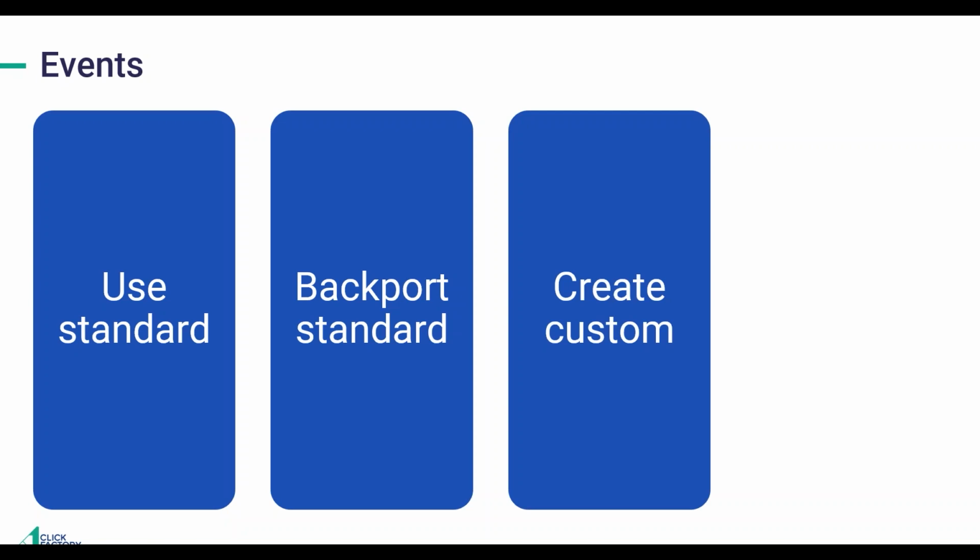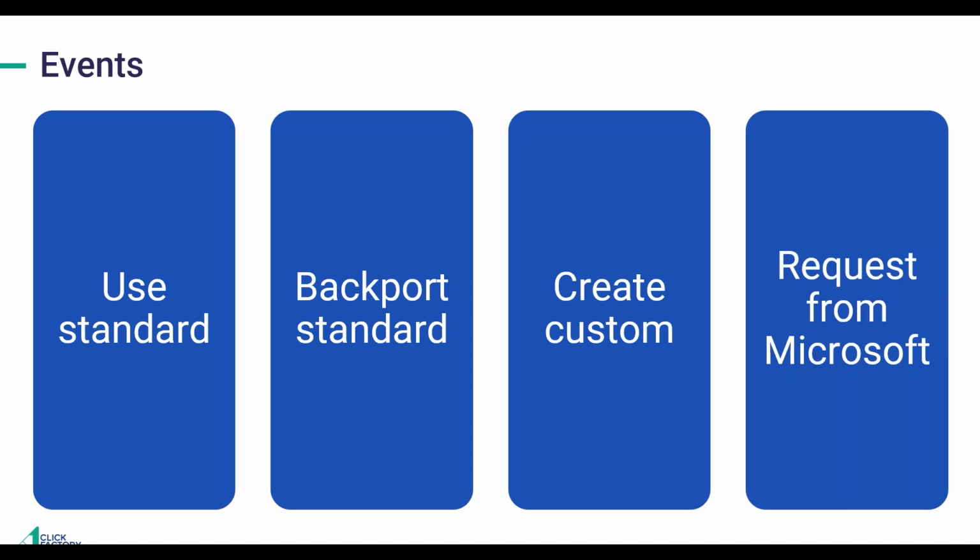You can also create a completely custom event, which you should do instead of actually writing the whole code in the, let's say, posting code unit, and request that Microsoft create that event on GitHub.